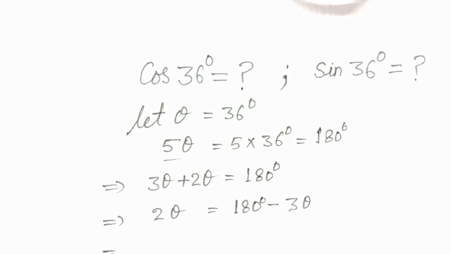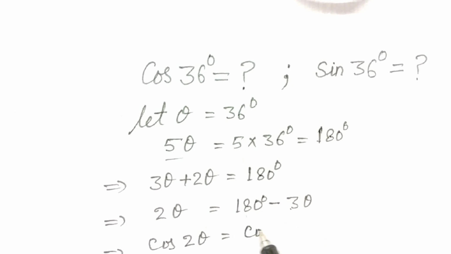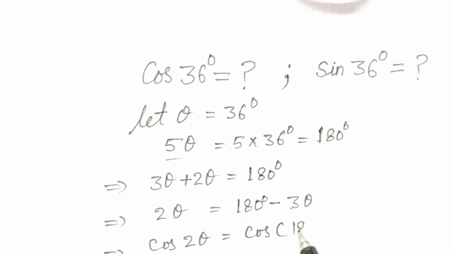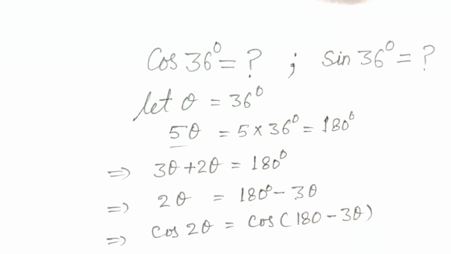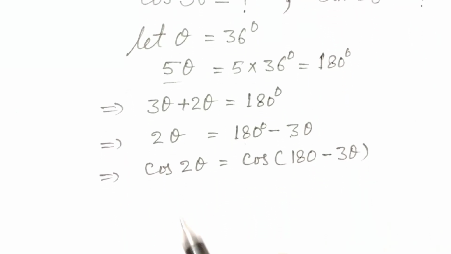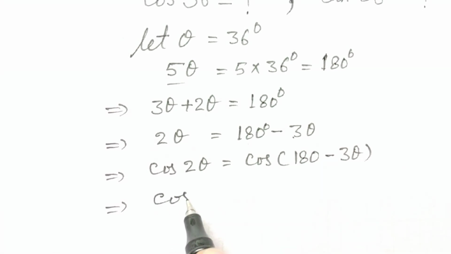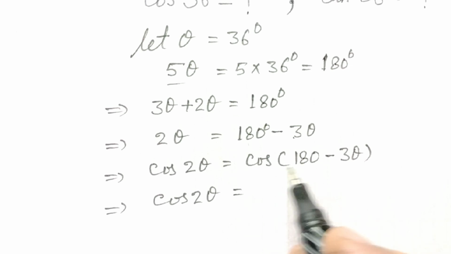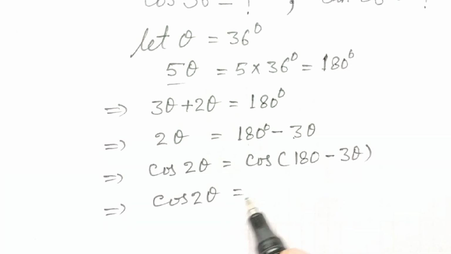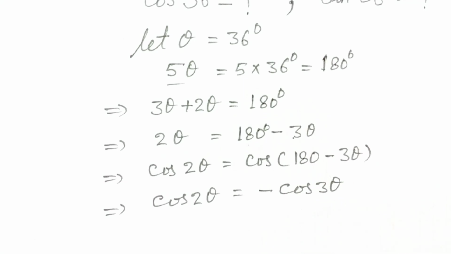Fine. So cos 2 theta is equal to cos of 180 minus 3 theta. Fine. Now cos 2 theta is equal to cos of 180 minus 3 theta, so minus cos 3 theta.